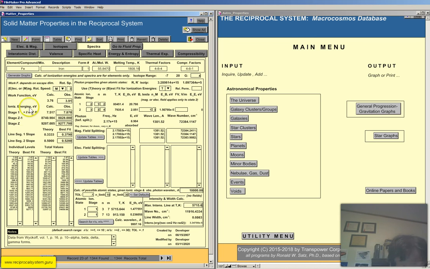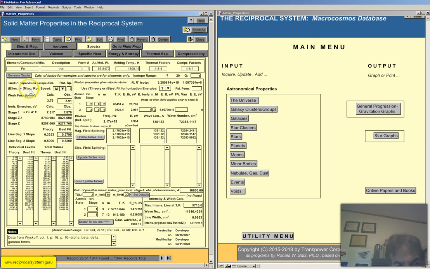This slide has to do with the work function and ionization energies. The work function depends on the escape dimension of the rotational displacements of the atom, and specifically the speeds. If we choose the magnetic dimension instead of the electric, by the way, these terms don't really have anything to do with charge in an ordinary atom.